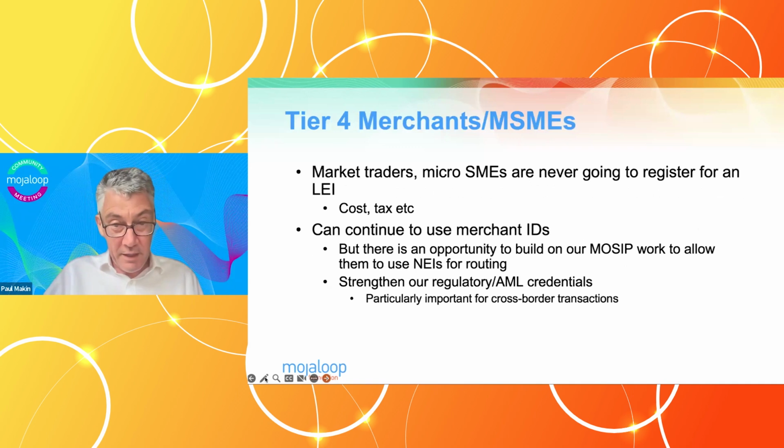I think the key here is what we do about tier 4 merchants, which are micro SMEs. A market trader is never going to register for an LEI for reasons of cost, tax, etc. As an experiment, I went and registered an LEI, and I found that it was a very smooth process. It took me a matter of 10 minutes to register.